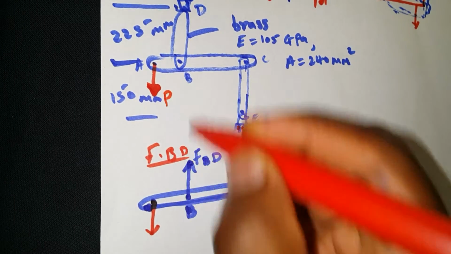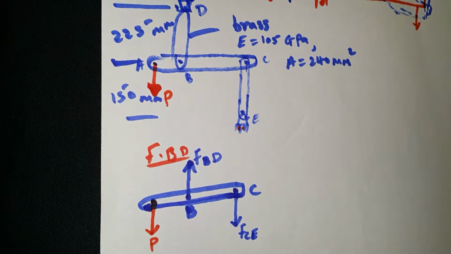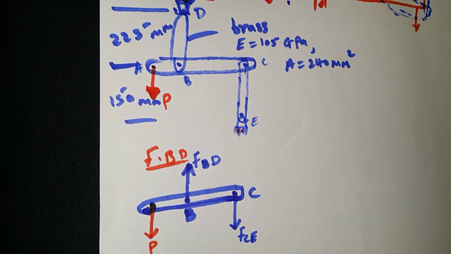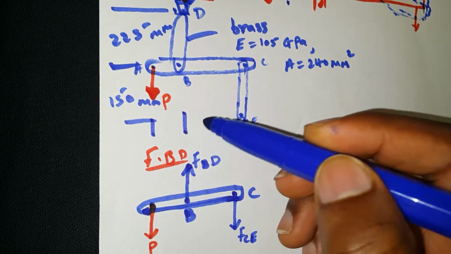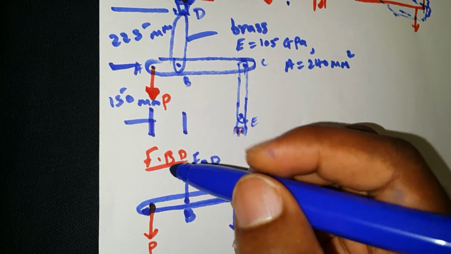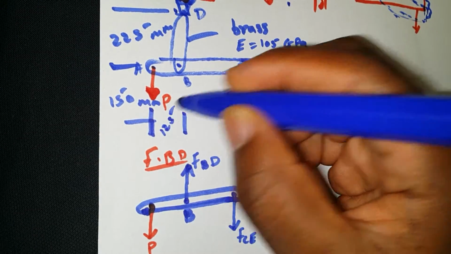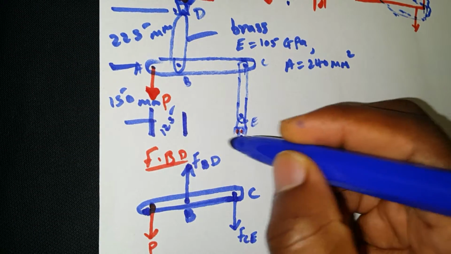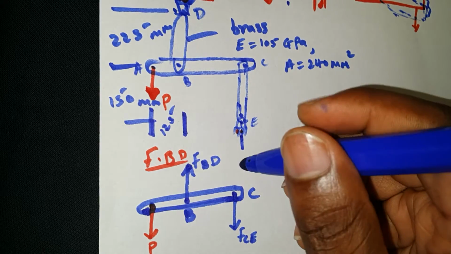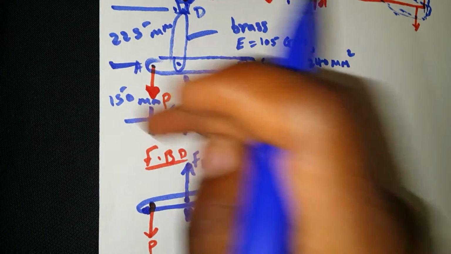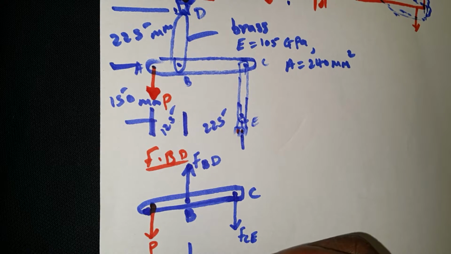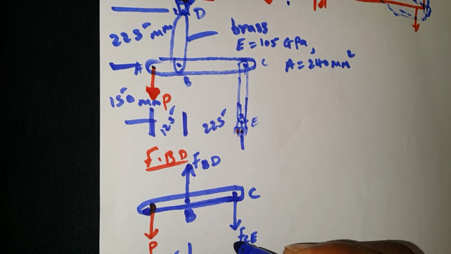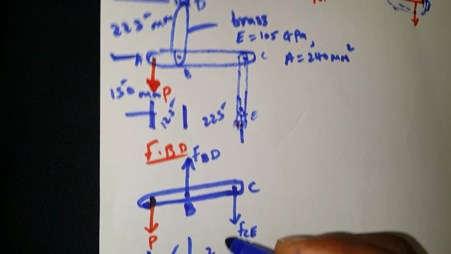Let's call it P. The distance, I forgot. From here to here, the distance is 125, and from here to here, 225. Now show the distance here: 125, and here, 225.